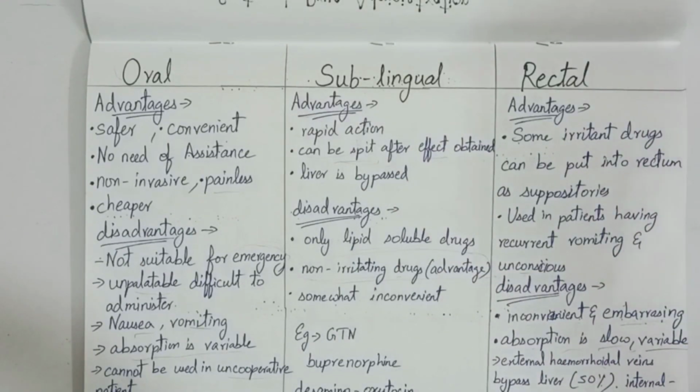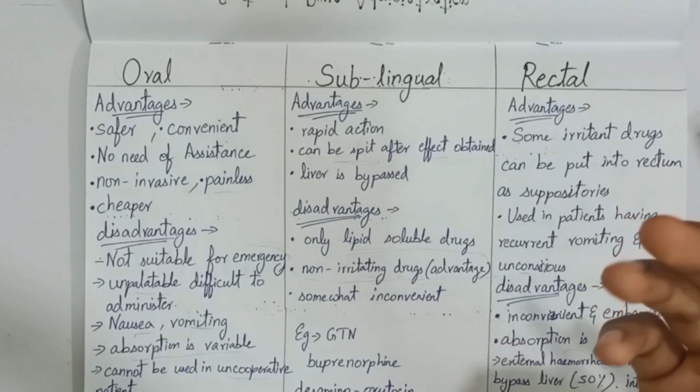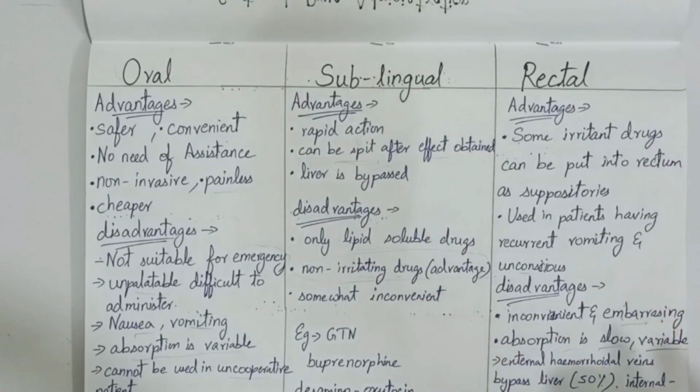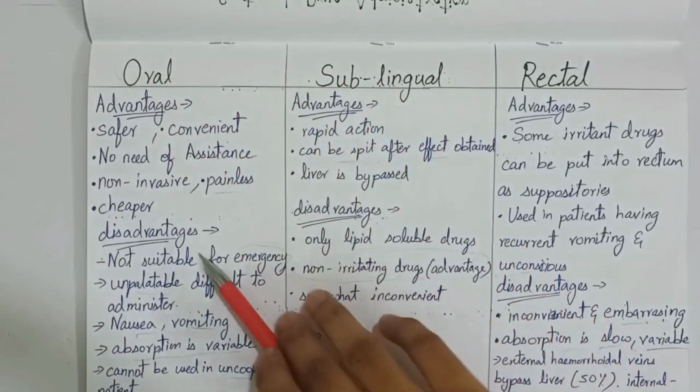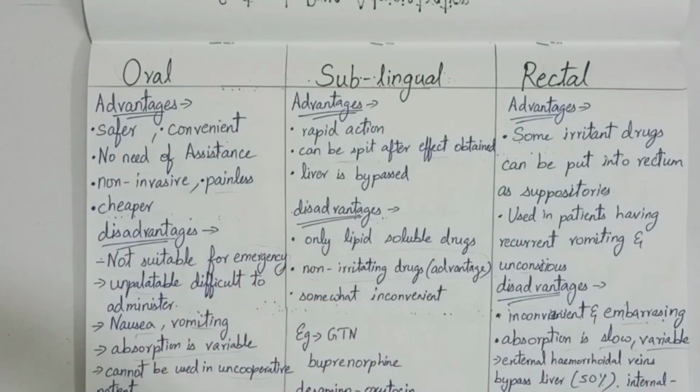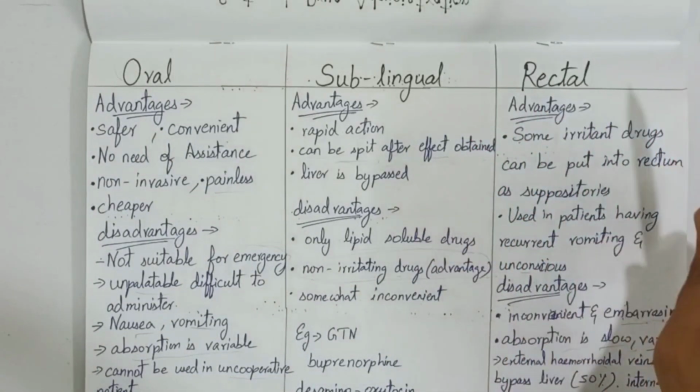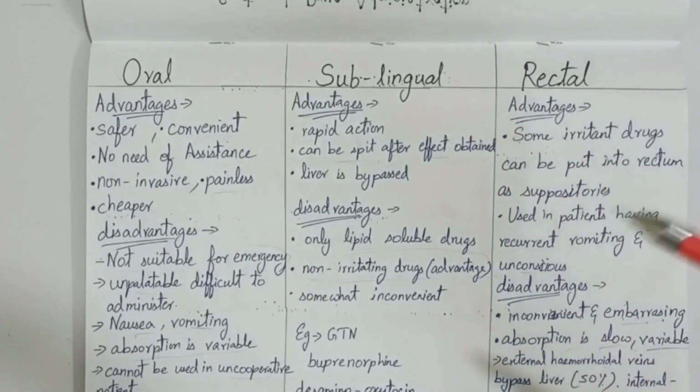Whenever you read a topic of drug administration, we will read in these three subtopics: advantages, disadvantages, and examples. It is better to write this way in university exams to score more marks.